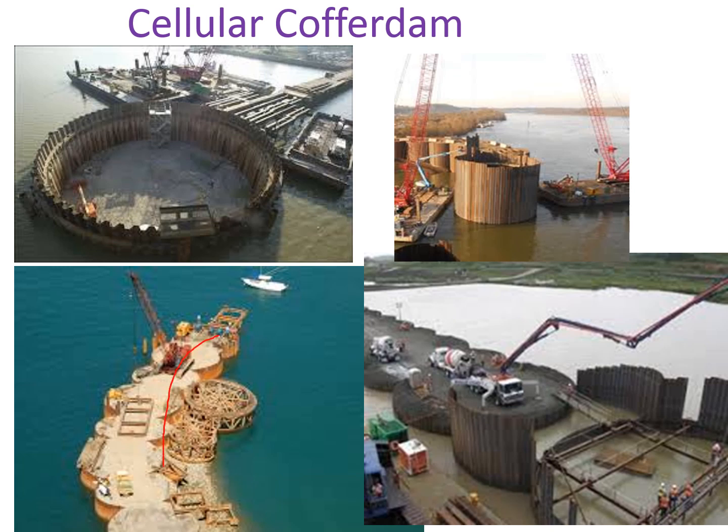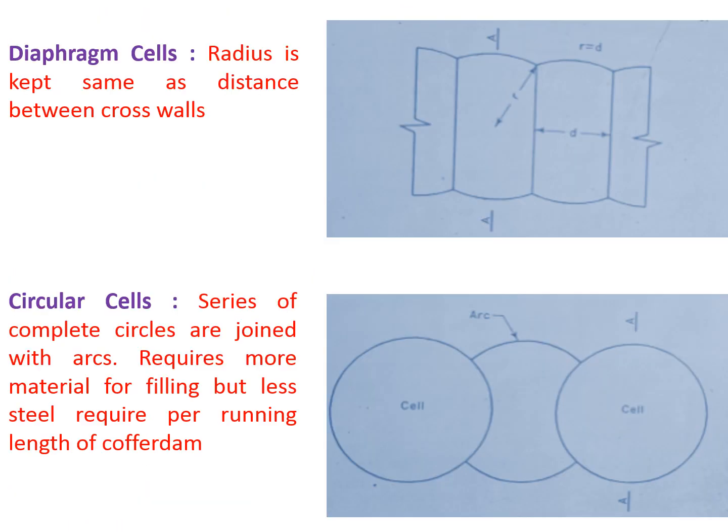Ultimately it will take a shape like this, all the cells, and you can construct in a very large area. Once one cell is constructed, it becomes a platform for the others to work further. So this is a diaphragm cell.